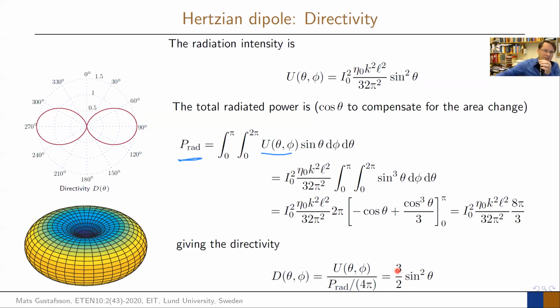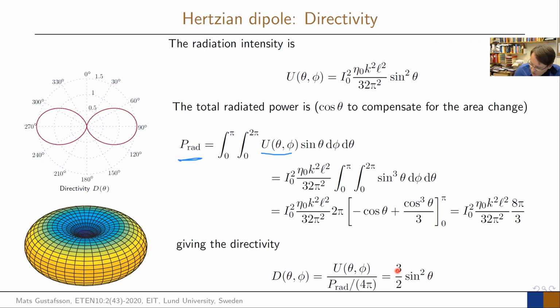So I integrate it over the huge sphere that sits around it. If you make the picture with the Earth as I had before, you put your antenna in the center, and then you collect all the radiation that comes out from the surface of the Earth. Of course, Earth is empty now, but assume you can sit on top of it. You get the power everywhere, then you sum all of that power, but you also weight it with the area where you measured it over. Then you collect that over the entire Earth. That is the total power that has radiated from the antenna.